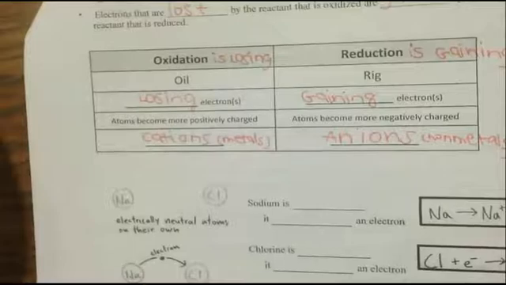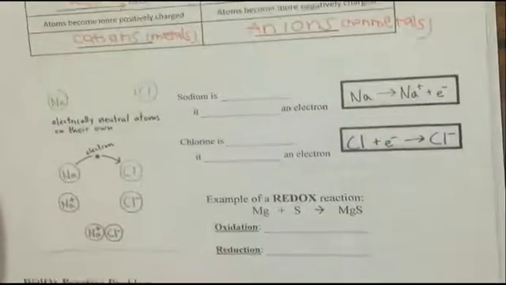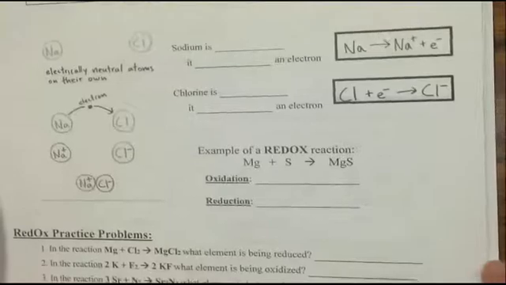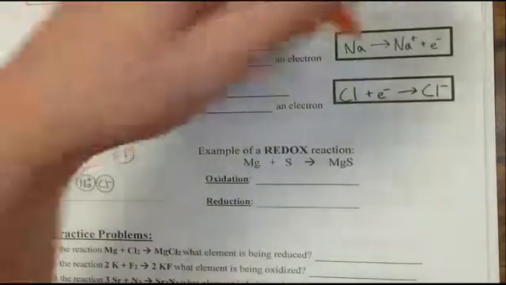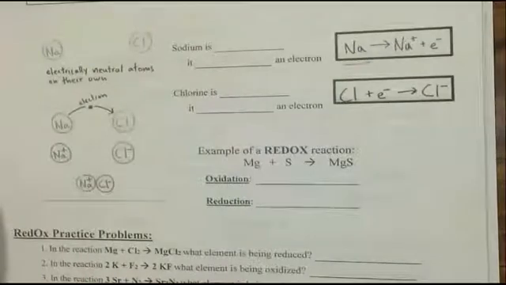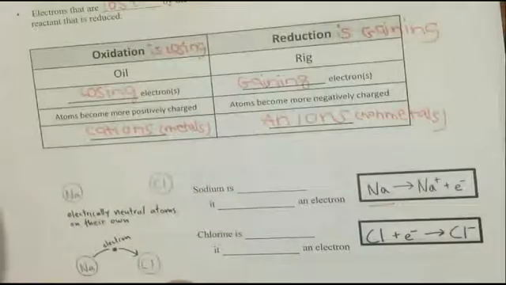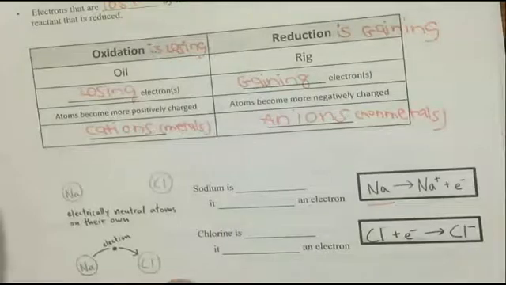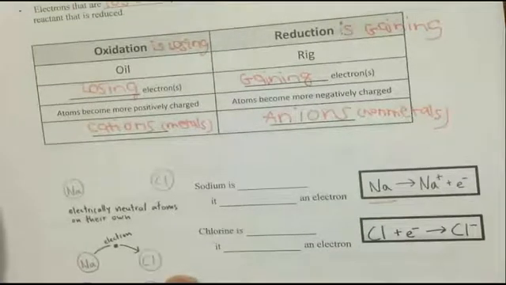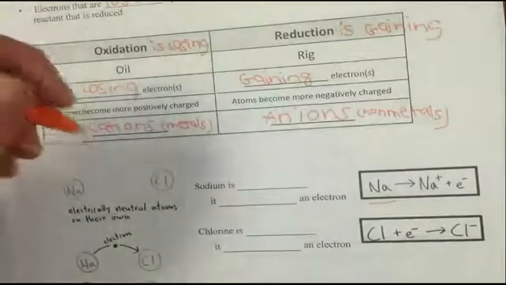So in our little picture that we have over here, first we want to think, is this a metal or a nonmetal? Sodium is a metal. Because we wrote that down up here, sodium is losing. This sodium is a metal, so it's going to be losing. That means it's oxidized.